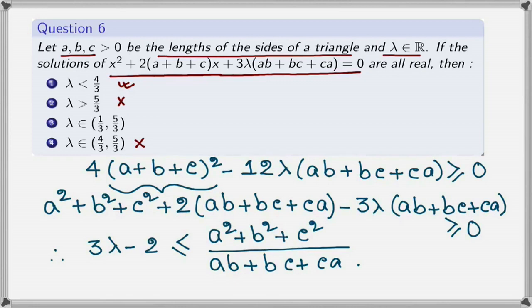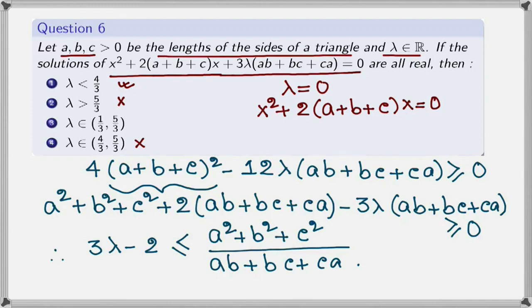To check that, let us put lambda equal to 0 in the given quadratic equation, and putting this we obtain x square plus 2 into (a plus b plus c) into x is equal to 0. And clearly we can see that this quadratic equation has all real solutions, as a, b, c are real numbers.